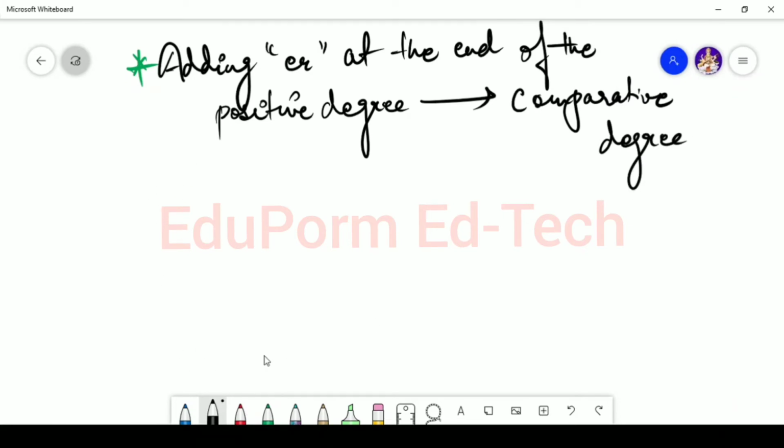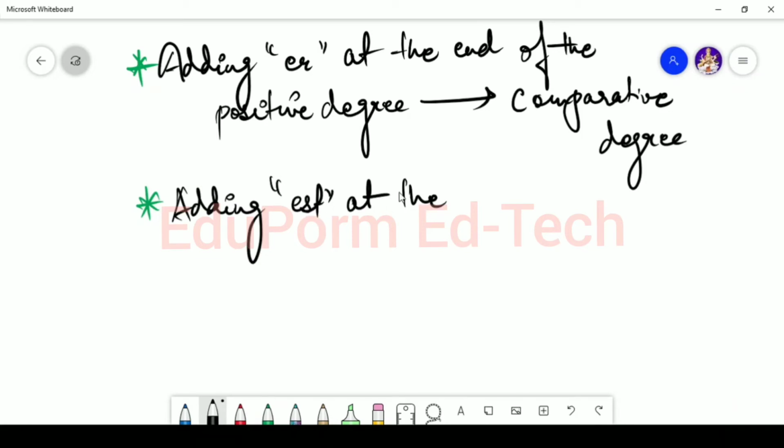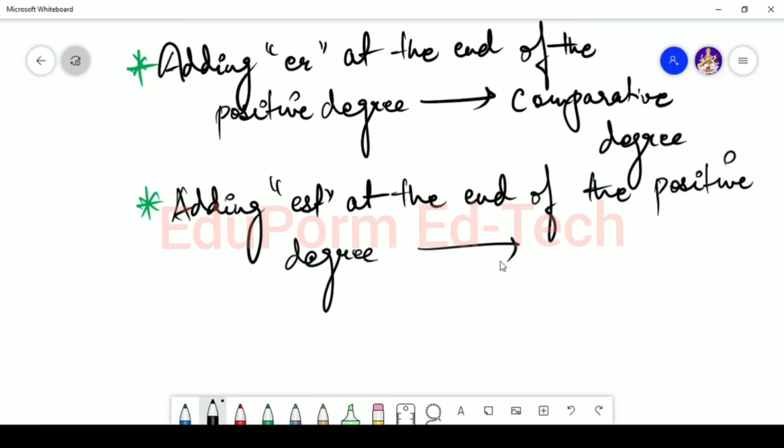But when you are adding -est at the end of the positive degree, in that case it is going to give you the superlative degree.